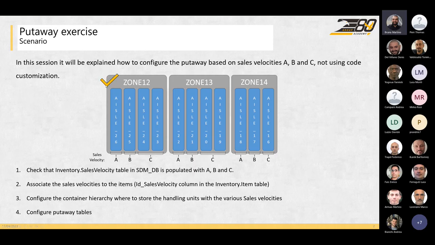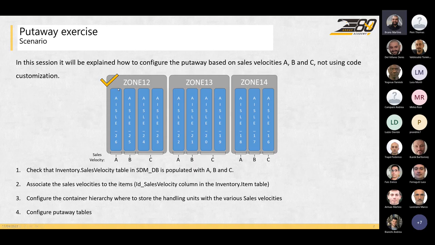So for an easier example, we will map only the zone 12.